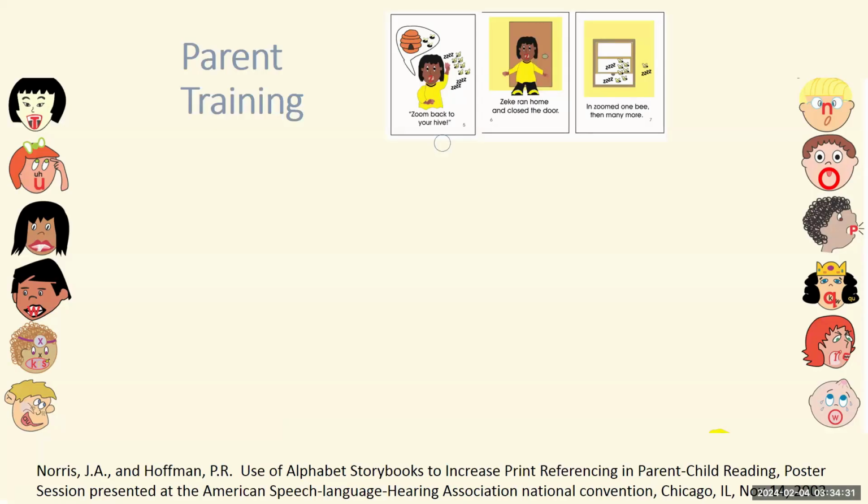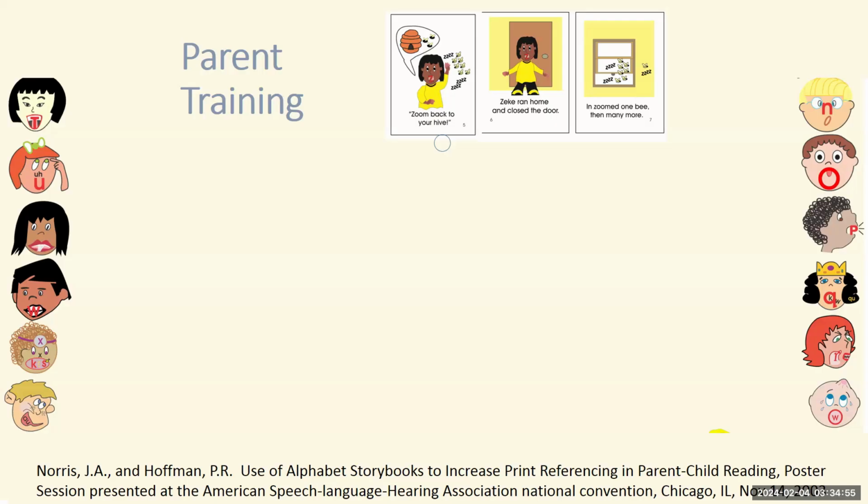Now remember, I told you to recall that study about book reading where they tried to teach the parents to refer to print and sounds, and the parents really did not do it independently, and the children did not improve. The Phonic Faces books naturally make you pay attention to print.